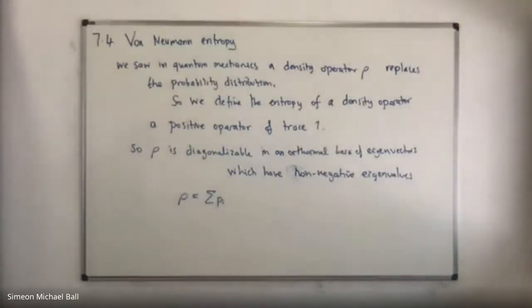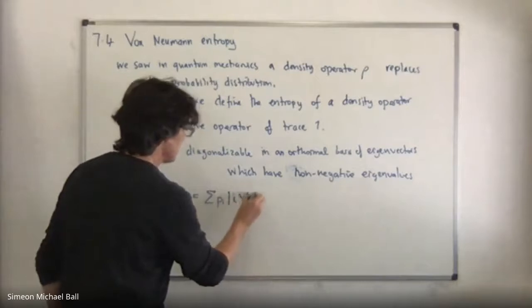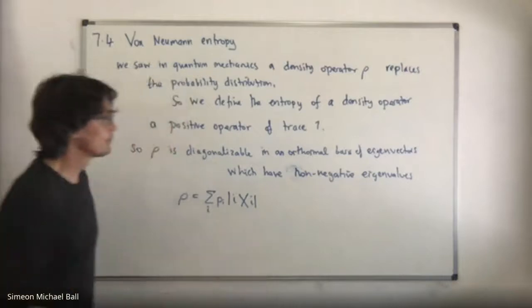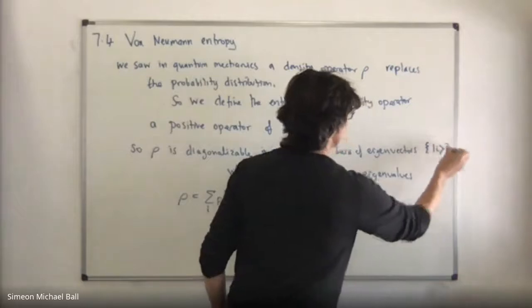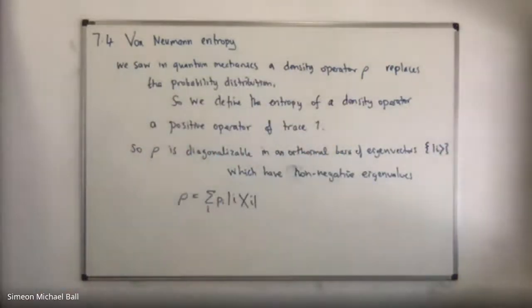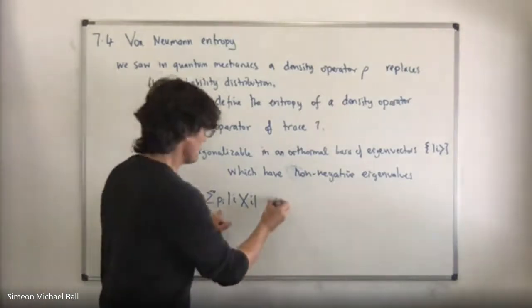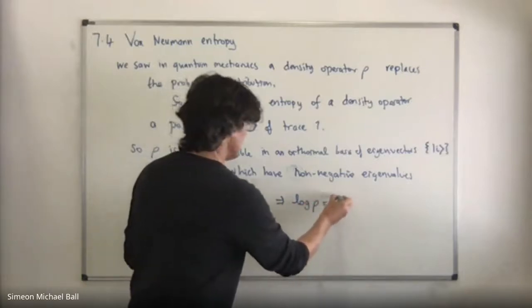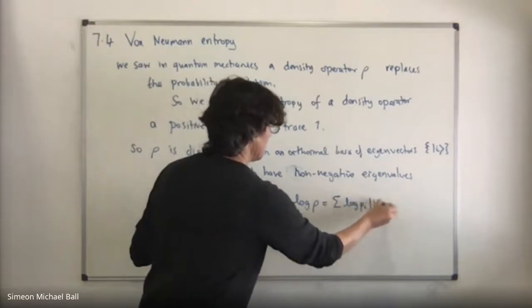We are now going to use these probabilities. Now, diagonalizable things, especially positive things, allow us to take exponentials and logarithms, and all these are positive, so we can take logarithms. So this implies that the logarithm of this density operator is simply the sum of log p_i.